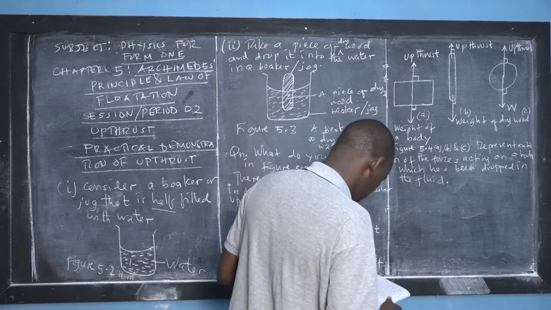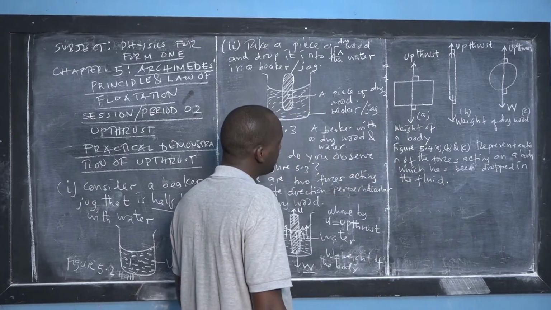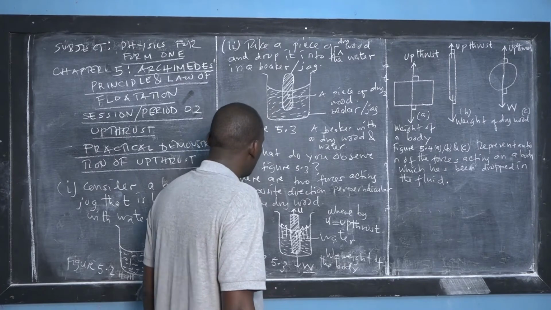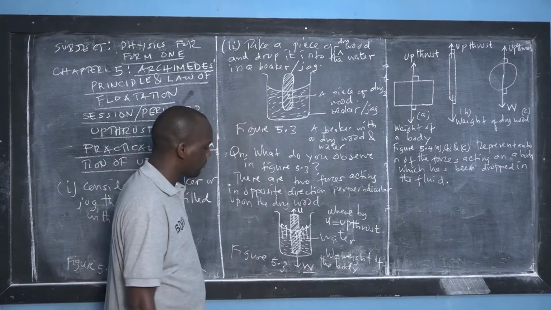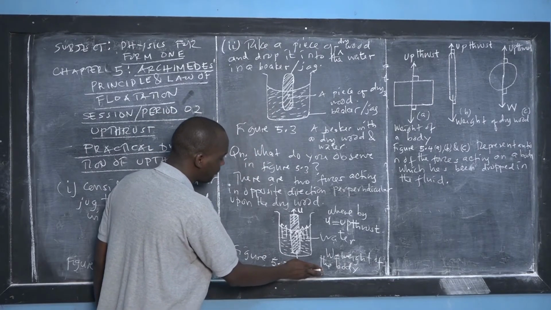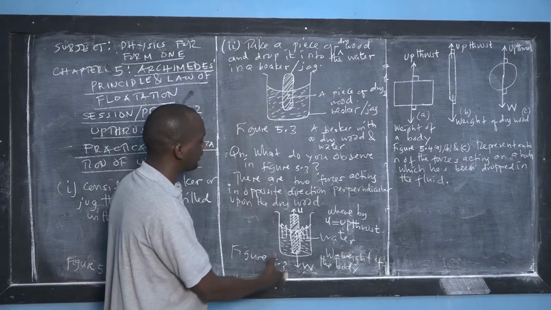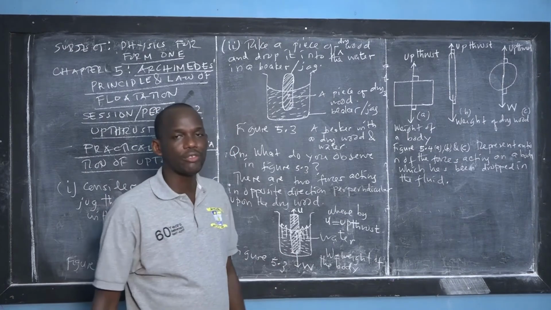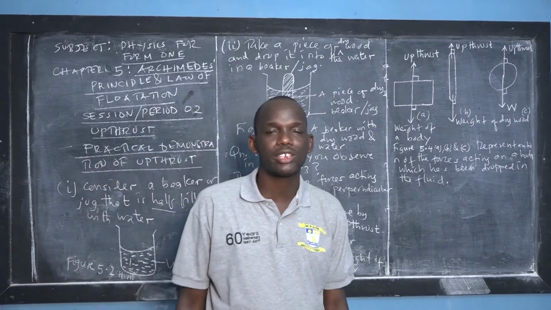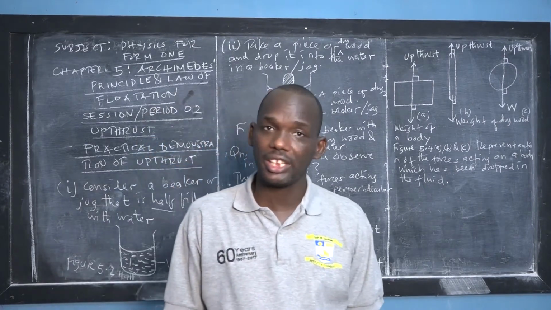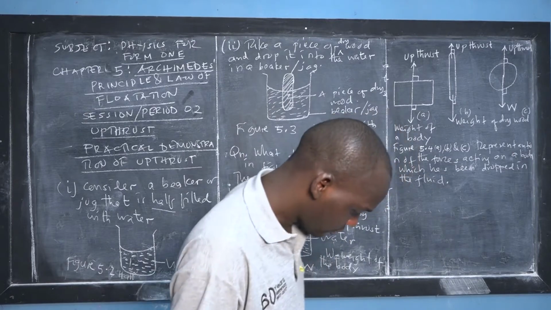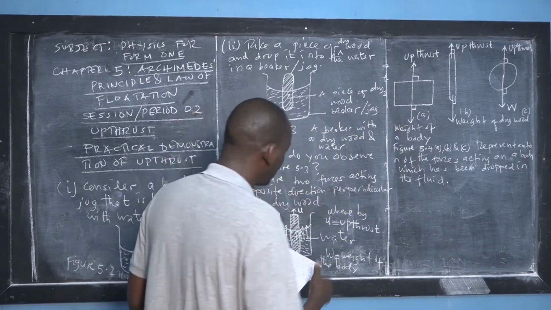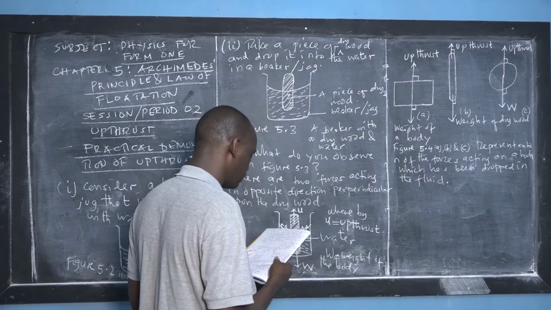Okay, so that's what you observe. Again, these two forces are very important, because if the two forces balance, then the body is floating. If the weight of the body is greater than the upthrust force, then the body is going to sink. That's a very important concept. That's why I've been discussing these two forces.